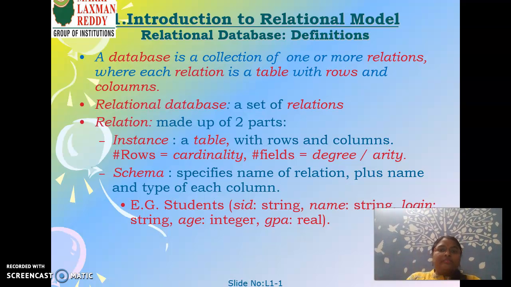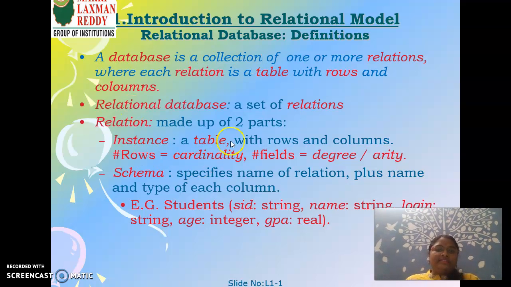So first year data will be different from second year data. So I can define the instance of the student table at that particular amount of time. So an instance means the data at that particular amount of time. You can take it accordingly at minutes or days or years, something like that.